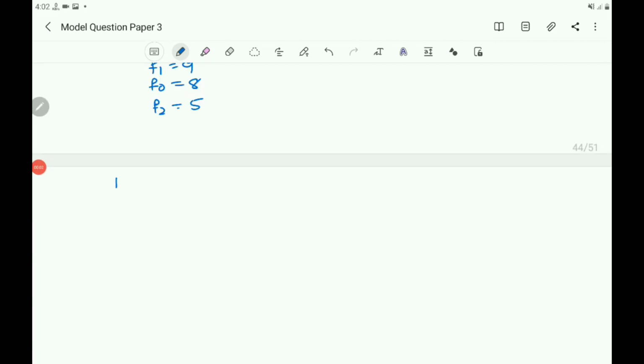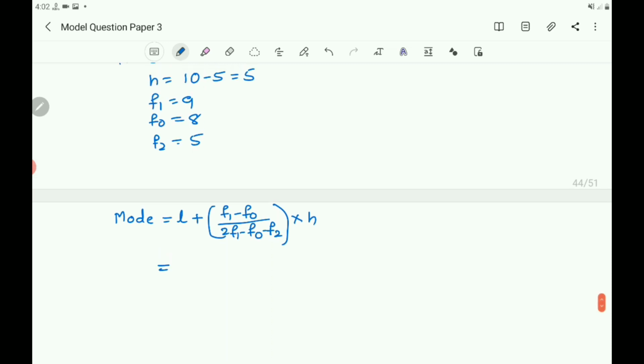Then you write the formula for mode. Mode equals L plus (f1 minus f0) by (2f1 minus f0 minus f2) into the size of the class h.